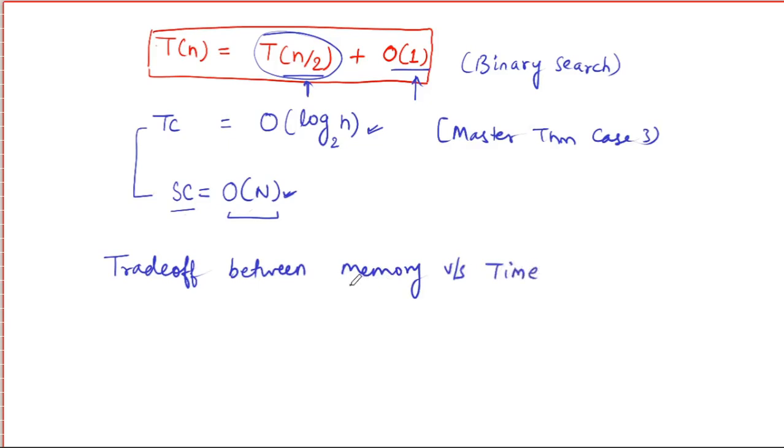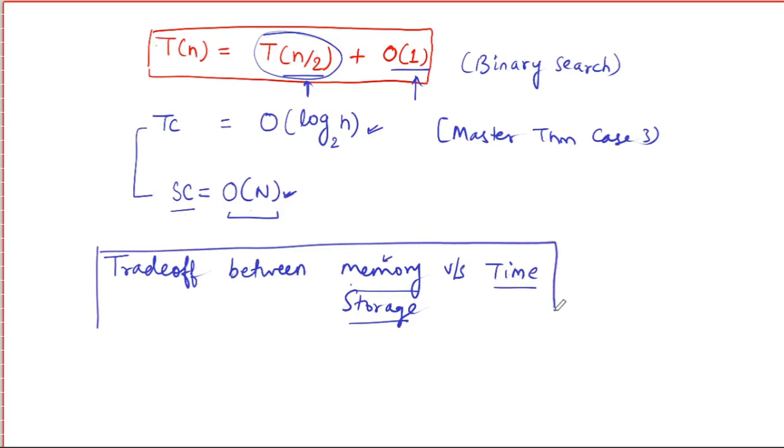Memory here refers to storage versus computing time of an algorithm. If you are trying to work on the time part, then memory has to be compromised. If you are working on the memory part of the algorithm, then time has to be compromised. So this trade-off has to be kept in mind while working with any algorithm.